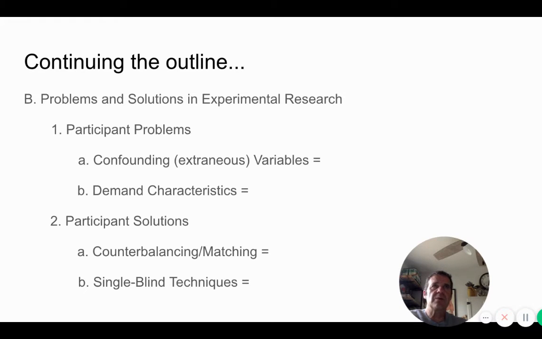Let's say that we want to know if sugar makes children hyperactive. So our experiment is going to be done in a kindergarten class during a kindergarten party, and half of the kindergartners are going to get sugar and the other half are not, and we're going to measure the difference in their hyperactivity.